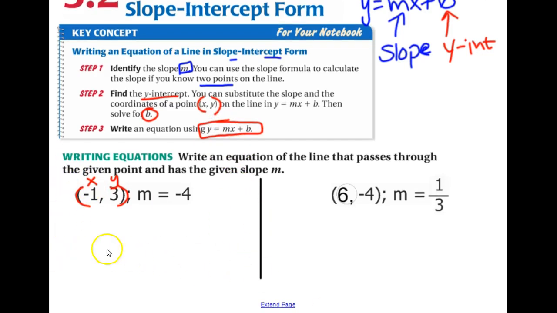So right now, if we look at our equation that we're trying to get to, we have m, which is -4, so we could plug that in here for m. We also have a point, x, and a point for y. We can plug that in for y and for x, and solve it to figure out what b is, because b would be the only thing we don't have a number for.